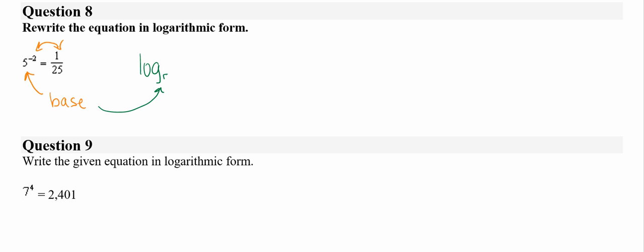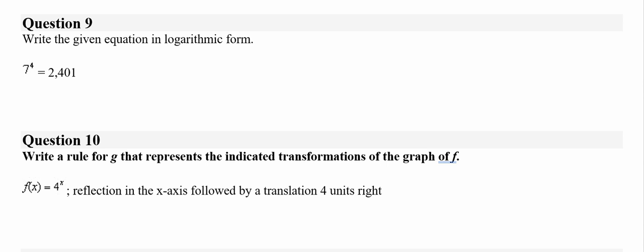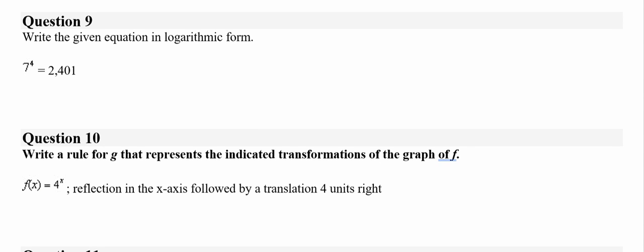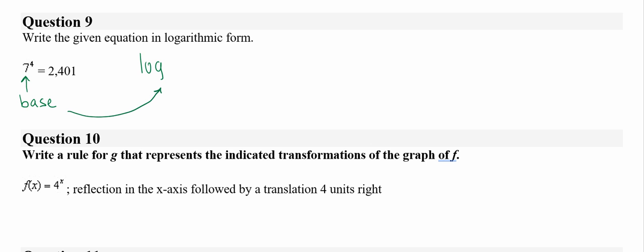Put your baby base in and switch. 1 over 25, that equals -2. Right, next one. Identify the base. Write the word log. Fill in the baby base. Swap places.